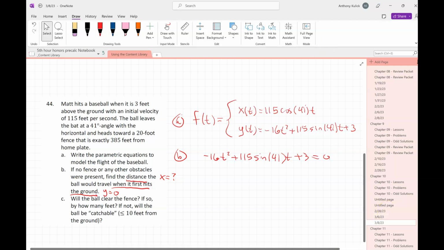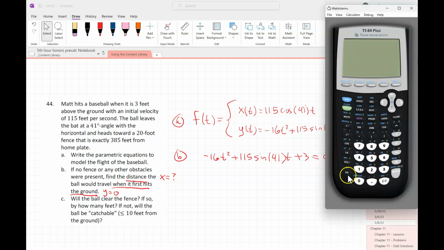Quadratic formula. So I'm just going to type that into my calculator. I like to use the fraction command to do this. So alpha y equals and then option 1. So I have negative b, so 115 sine 41 is all my b. Then I have plus or minus. I'll do the plus one first. And then b squared.